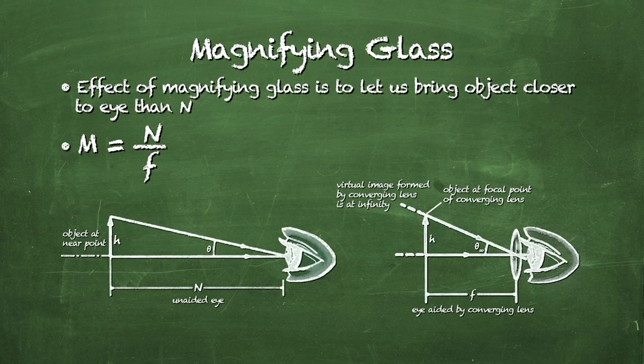So the shorter the focal length of the lens, or the more optical power the magnifying lens has, the greater the angular magnification is. Now, the near point of different people's eyes is different, but usually a typical value of 25 centimeters is used for that calculation of the angular magnification of a magnifying glass.